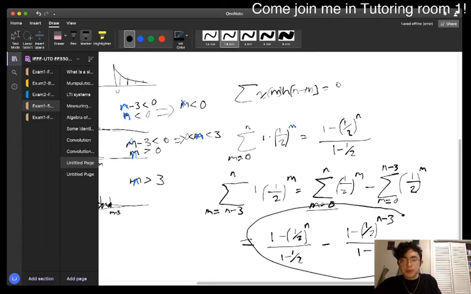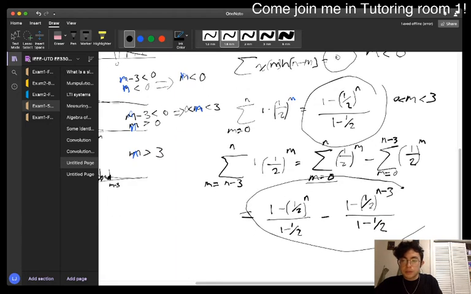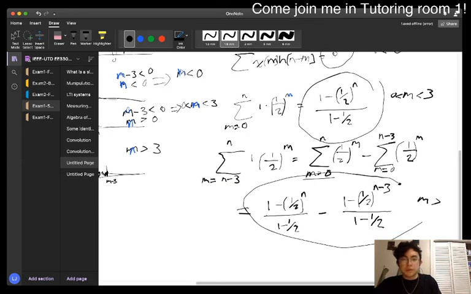Yeah, so we have our three cases here. So m is less than 0, m is less than 3, less than 0. Then this one goes from m is greater than 3. Wait, why am I writing m?